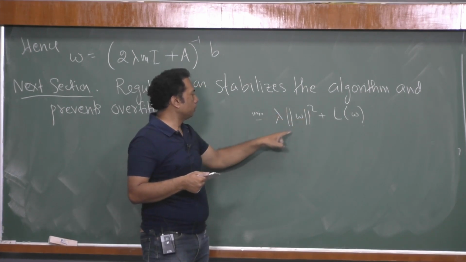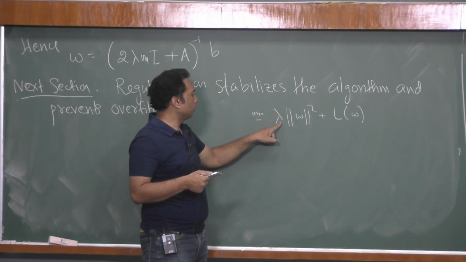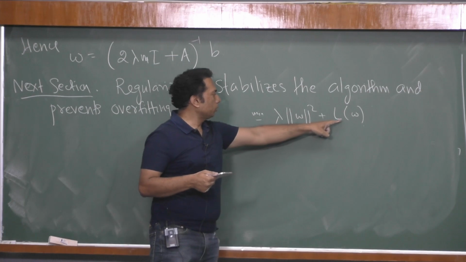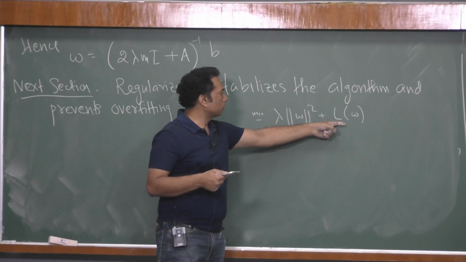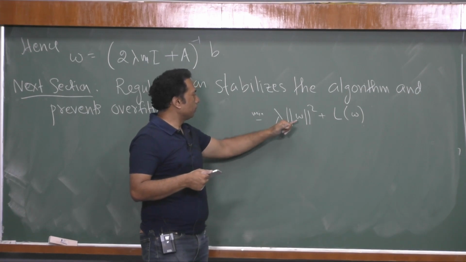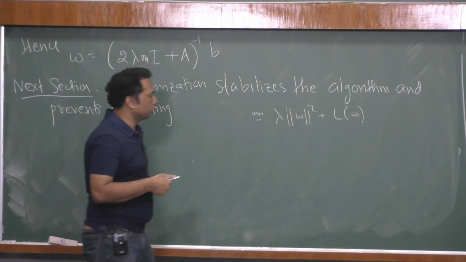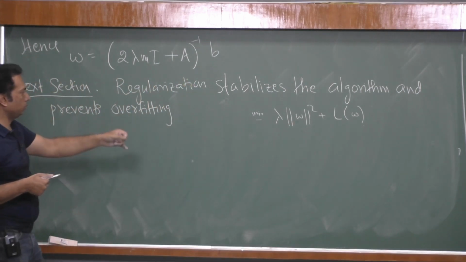But if I put this here, then if I minimize, with a larger choice of lambda, what I am telling you is that although you are minimizing the loss, trying to fit a curve to the data, I don't want the W's that you are choosing to be high. But actually it's more than that.